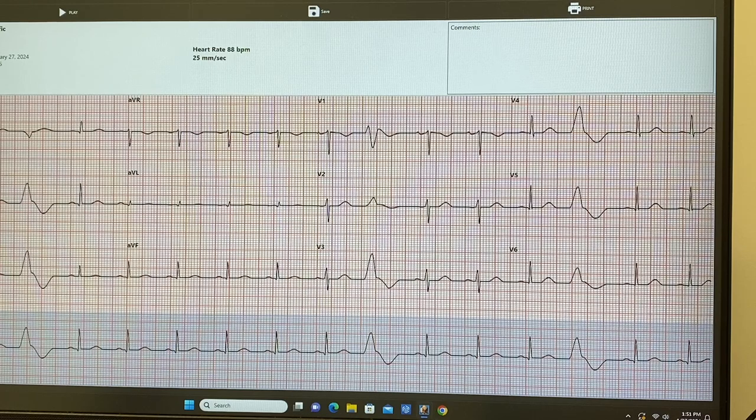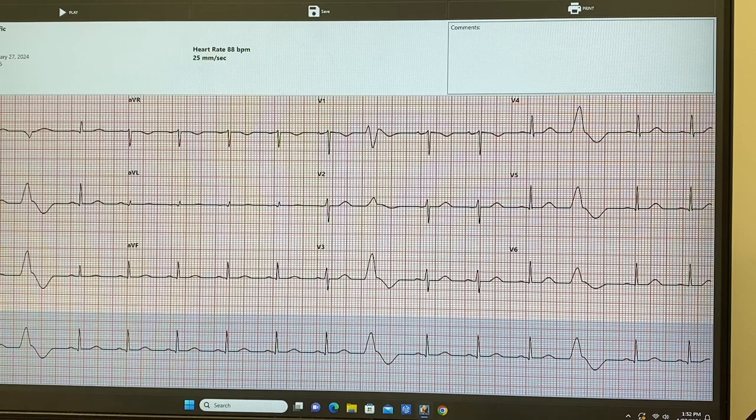Unifocal. Very good. What does that mean? Meaning that there's one. What does that mean in the heart? There's only one place that the misfires come from, versus multiple locations. Very good. So this is an NSR with unifocal PVCs. Good job. Thank you.